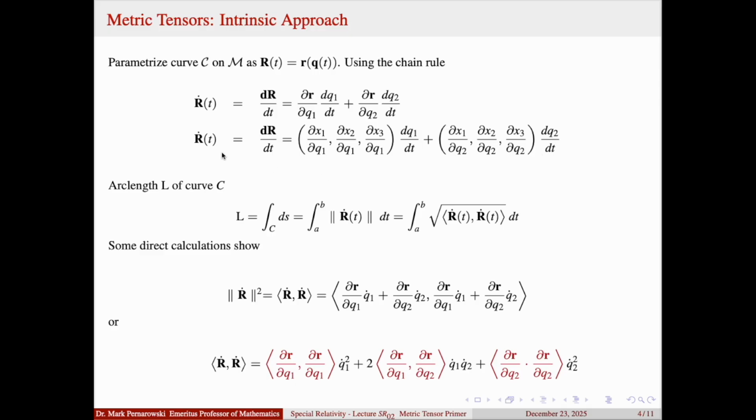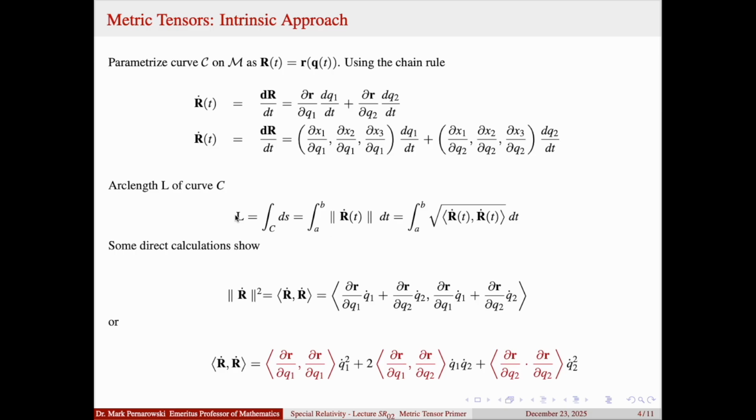Why do you do this? Because if you want to find the length of any curve and you have a parameterization, it's very easy to do. What you do is you take the magnitude of this dr/dt vector and you integrate it in time. That's standard multivariate calculus stuff.